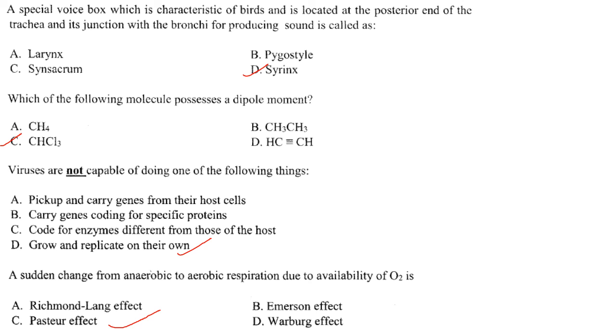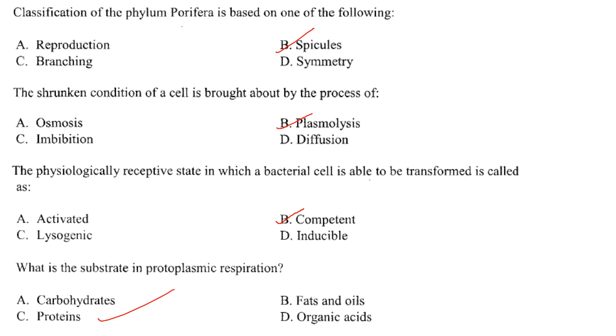Answer is option C. Then classification of phylum Porifera is based on one of the following. So it is based upon the presence and composition of spicules. So the answer here is option B, spicules. Then the shrunken condition of a cell is brought about by the process of... It is brought about by the process of plasmolysis.